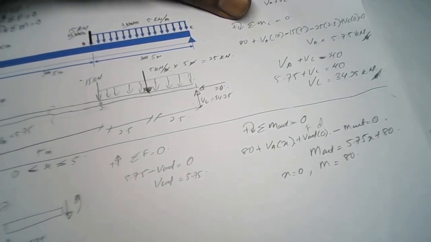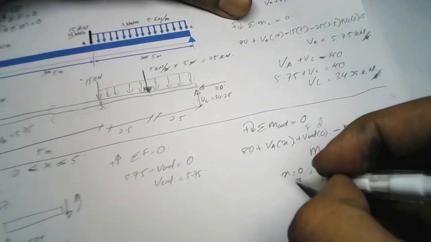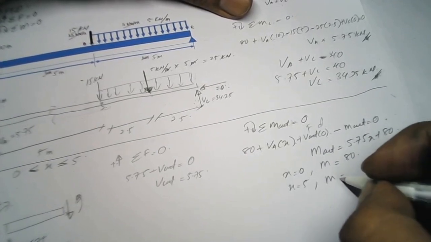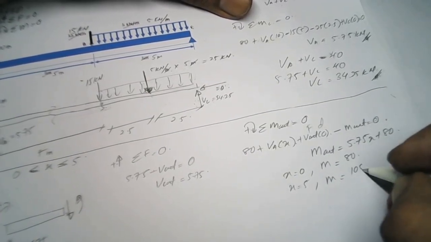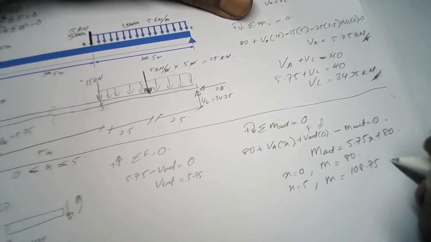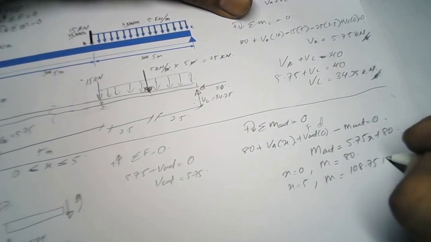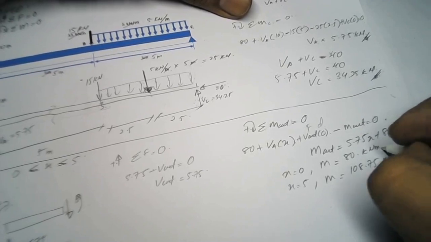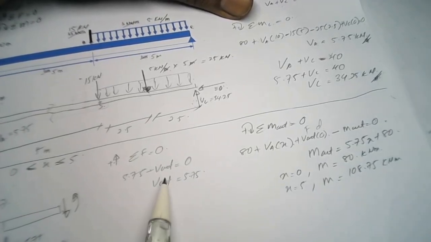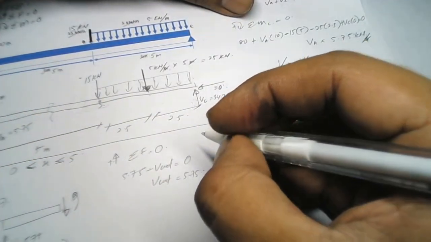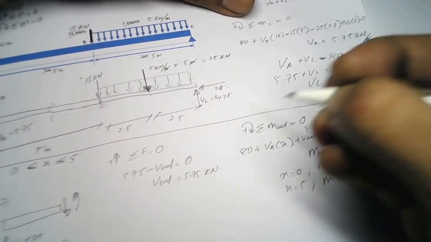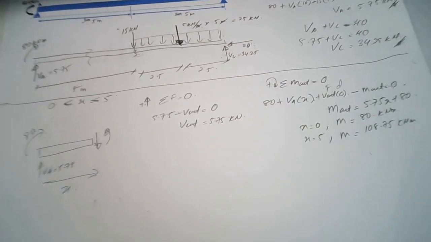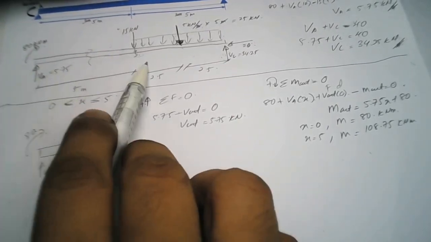If x equals 5, you will get the M value equal to 108.75. This one is in kilonewton meters. Sorry, for the V cut here, we have a unit of kilonewton. So, done for our first cut, our first section from 0 to 5.